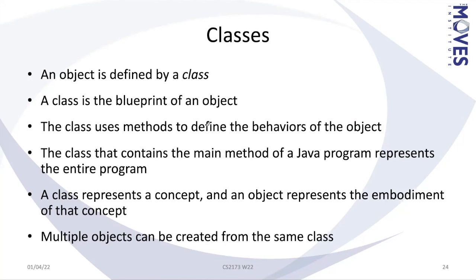Okay, so now classes. An object is defined, or so-called instantiated, by a class. The key thing to understand is the difference between an object and a class, and this is something JavaScript does not do well. A class is the blueprint of an object, or a template.